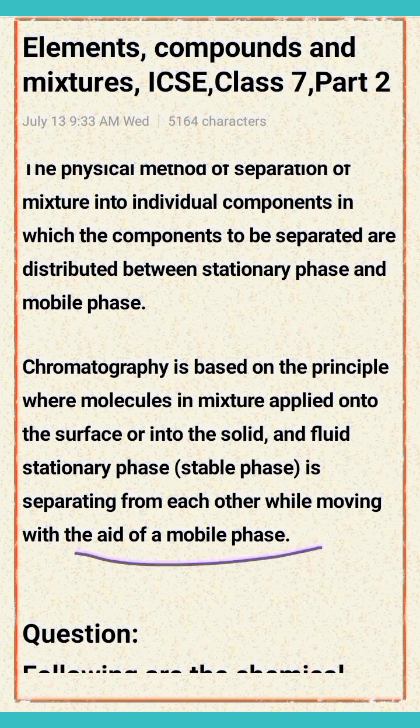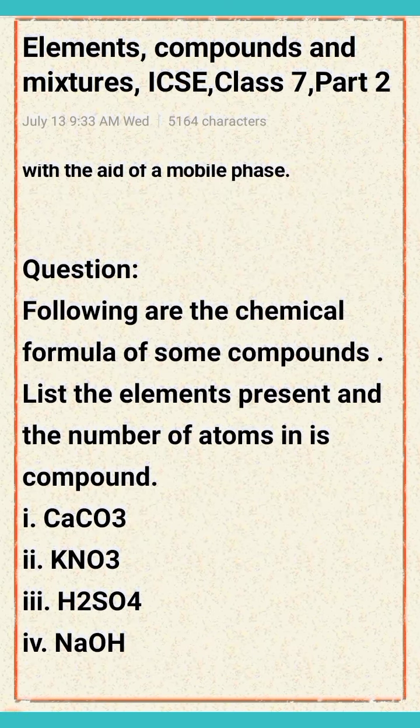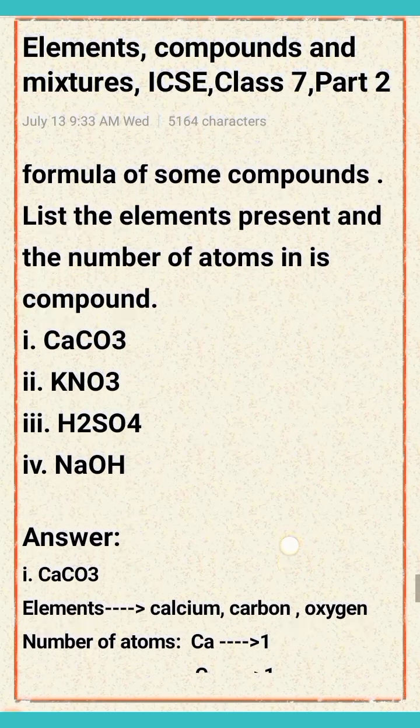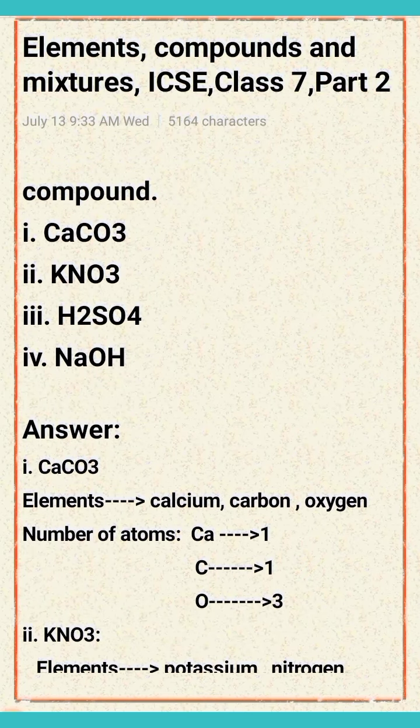My dear viewers, this question is the most important conceptual question. The following are the chemical formulas of some compounds. List the elements present and the number of atoms in each compound. Number 1, calcium carbonate, CaCO3.